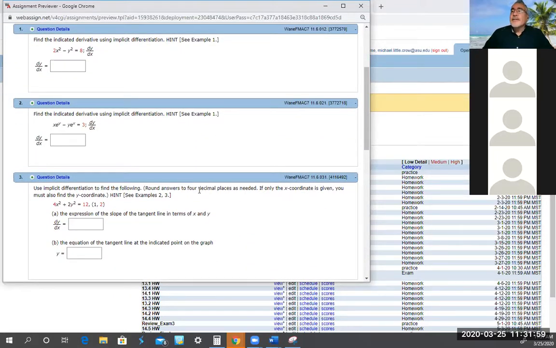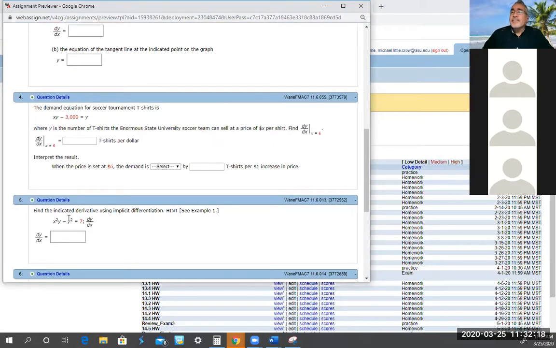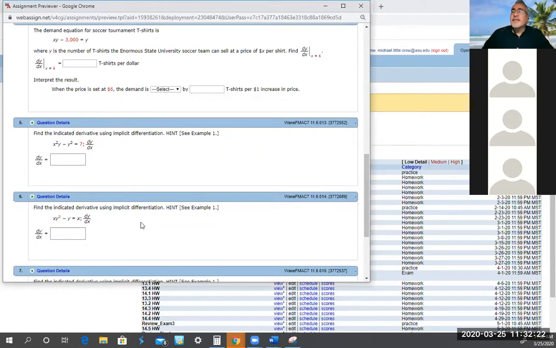And again, you might watch those videos. I did go through, kind of painstakingly, some explanations of what we do. Number 2 might be a little more difficult because it's got the product rule twice, and it's got e to the x. So when do you know you're going to use the product rule?